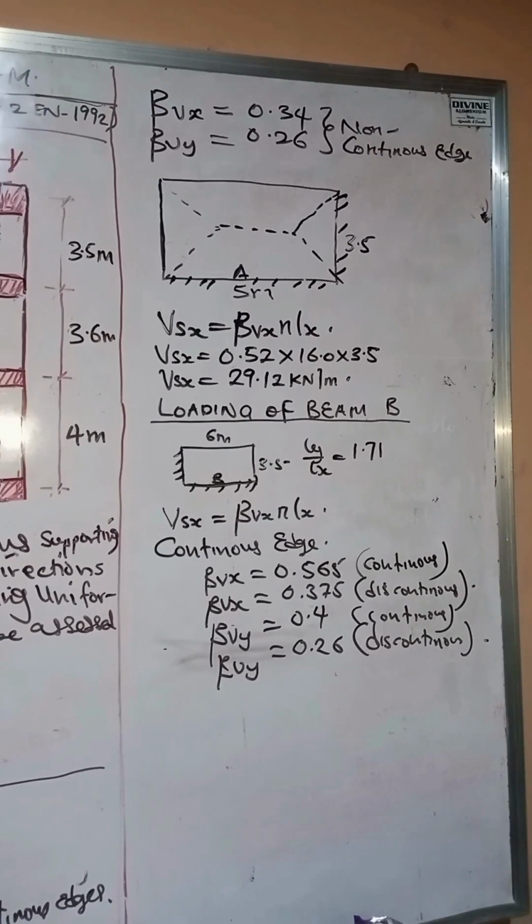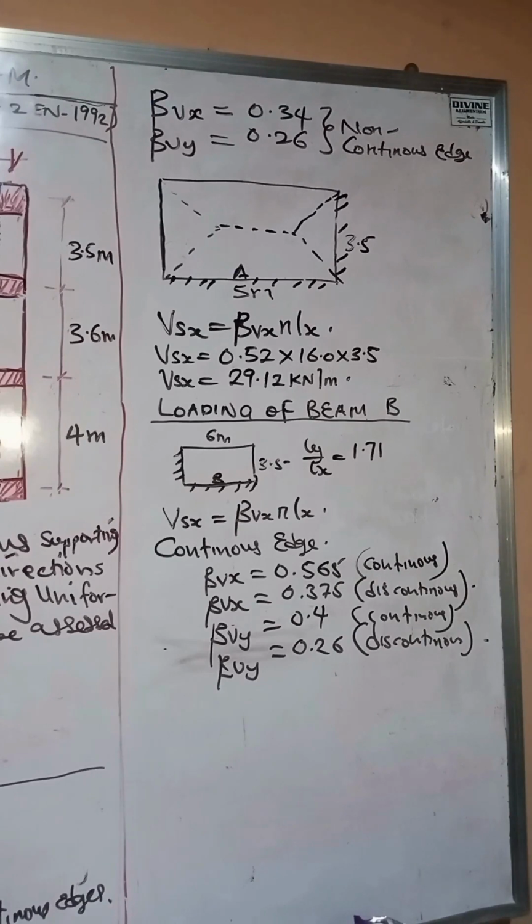All right, so these are the values after interpolation. So we're treating this span, 6 meters by 3.5, now. Edges of this slab, but in loading of beam B, we are much more interested in what? In the continuous edge of the long span. And of course, I've told you before that for the continuous edge of the long span, the formula is beta Vx n lx.